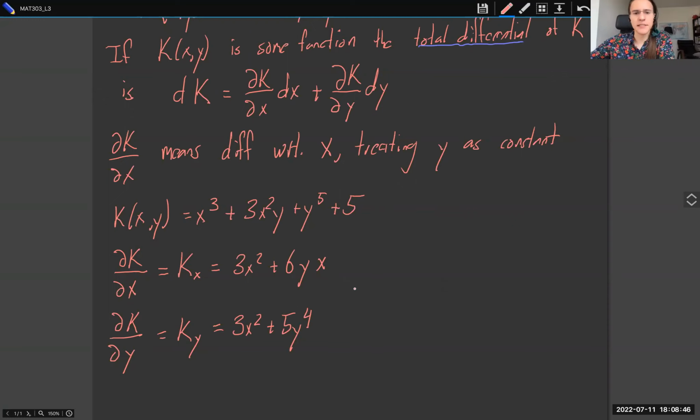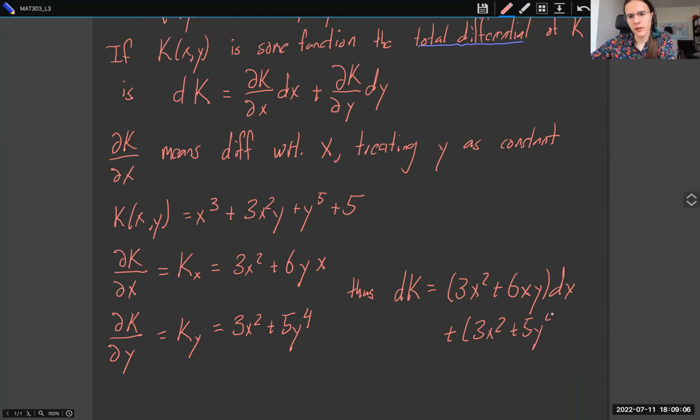And thus, dK is going to be the expression (3x squared plus 6xy) dx plus (3x squared plus 5y to the 4th) dy.